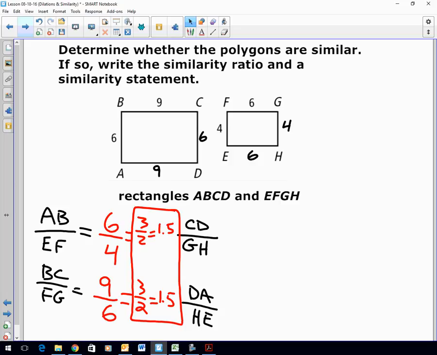That word proportional tells me a lot. Proportional tells me the proportion, meaning fraction or ratio, of the bigger side lengths over the smaller side lengths is the same amongst the two different side measures. It would be the same amongst all four of these sides because it's a rectangle, right?